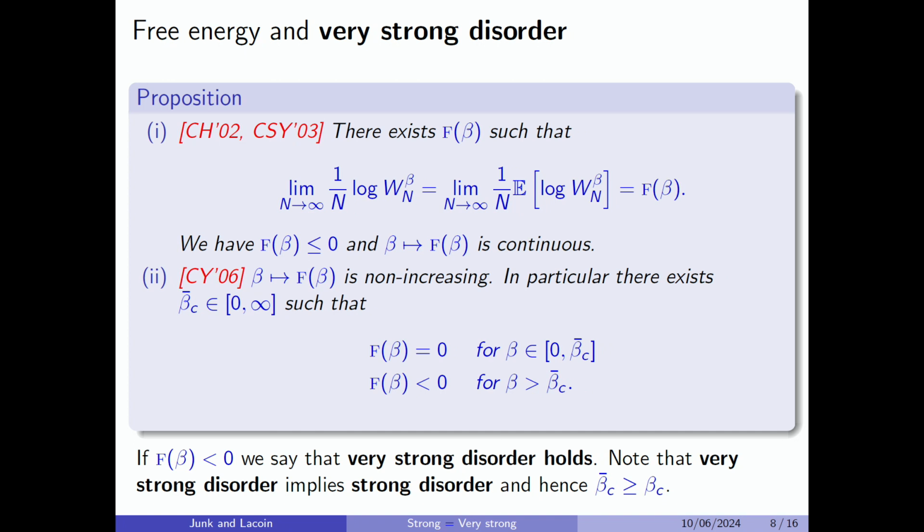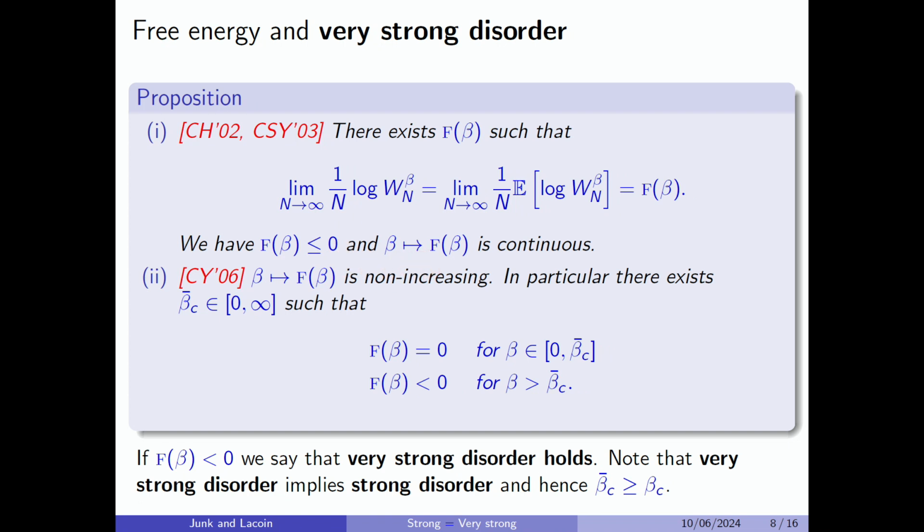So if you think, when this f of beta is 0, it means that log Wn does not decay exponentially fast. And when it's negative, it means that it decays exponentially fast. So, okay, people have shown that this quantity is well defined, that it corresponds to the limit of its expectation, and that f of beta is continuous in beta.